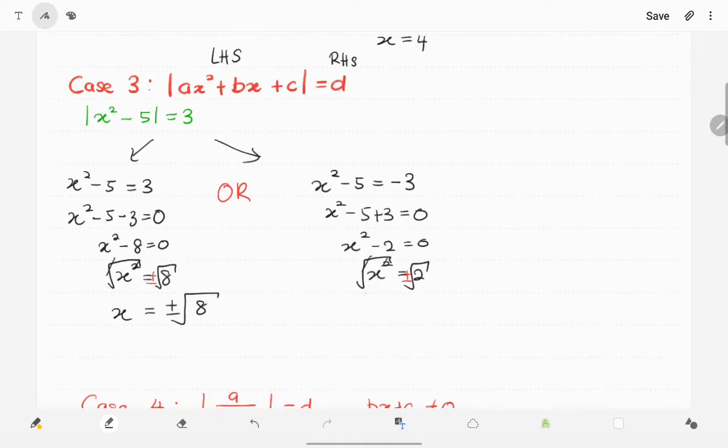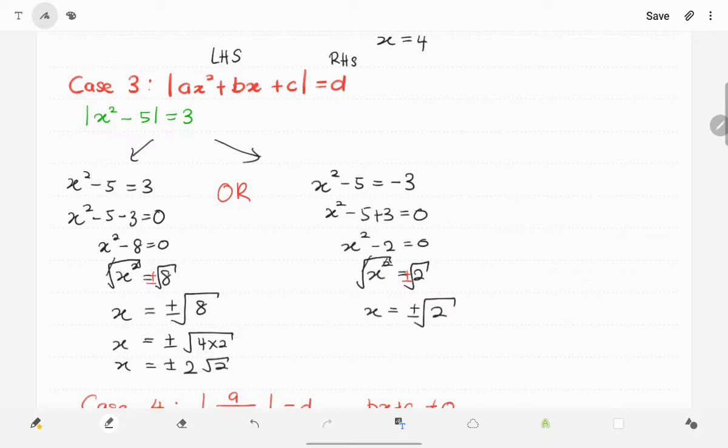This one cancel out, square and square root. X equals to plus minus square root 2. Okay, this one we can simplify. Plus minus square root 4 times 2. So we get x equals to plus minus 2 square root 2. So this one cannot be simplified anymore.